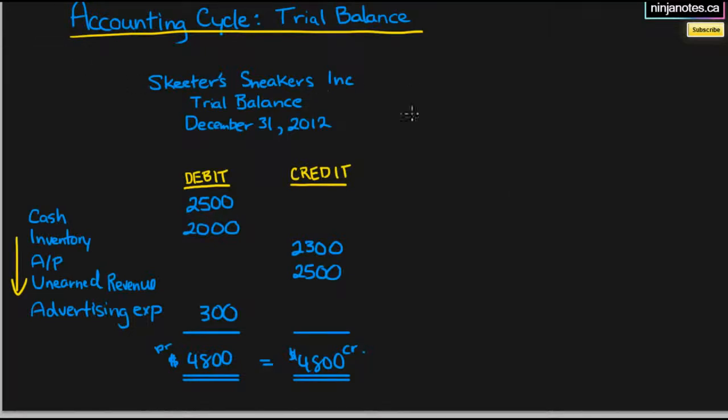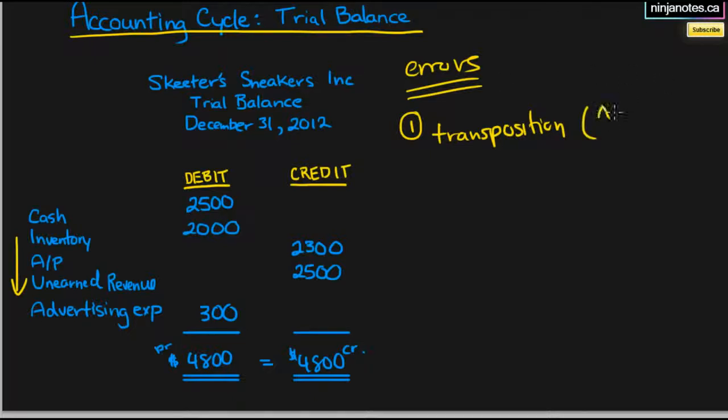Okay, so some errors we might have. Well, one error could be a transposition error. What that basically means is that if we have an entry, this would be an entry for a receivable and for earning some revenue.